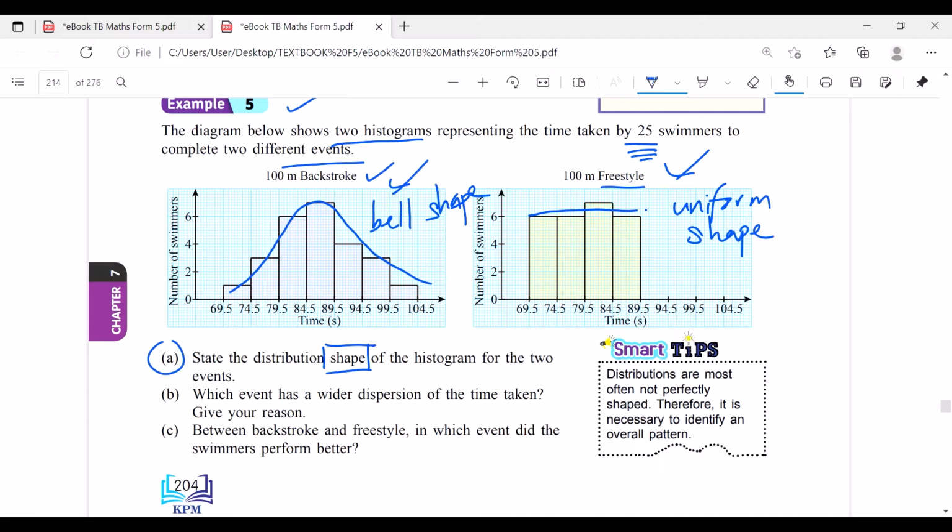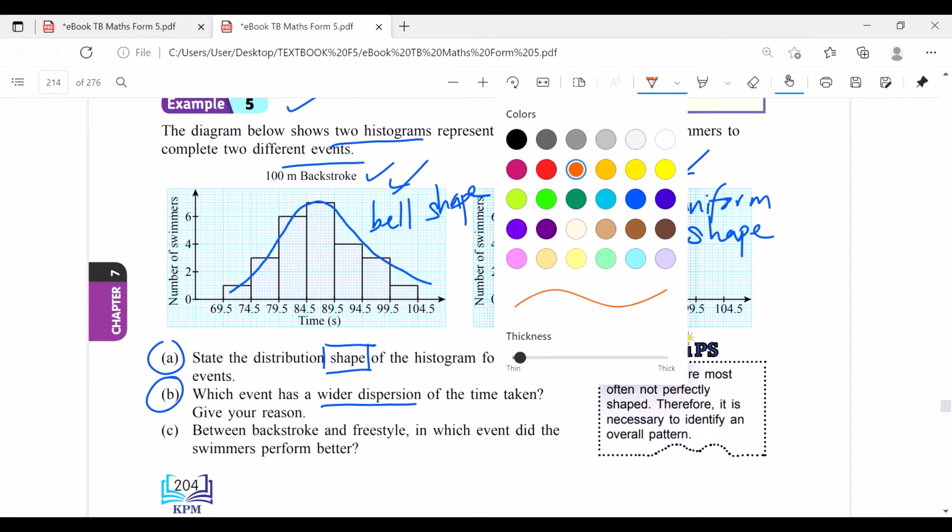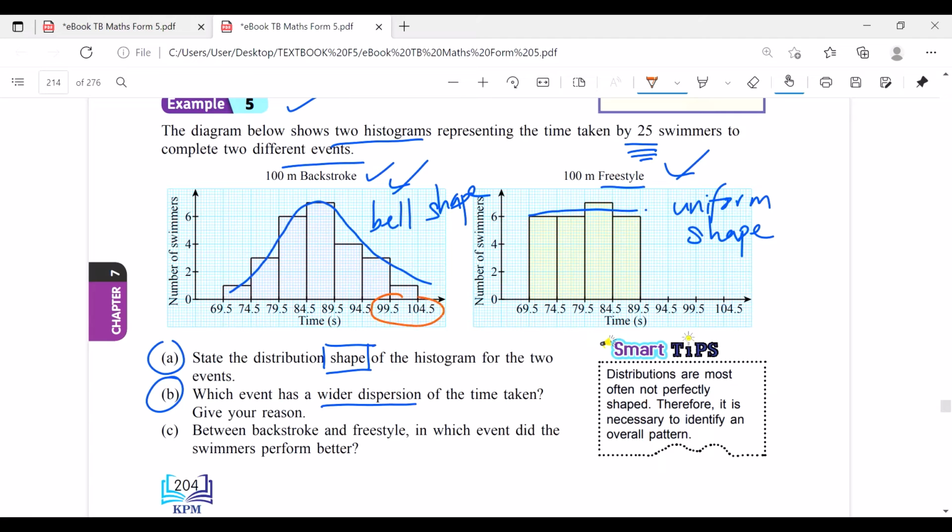So for B, which event has a wider dispersion? Wider dispersion means you find the highest time and compare it with the lowest time. So how to compare? It's in classes, right?